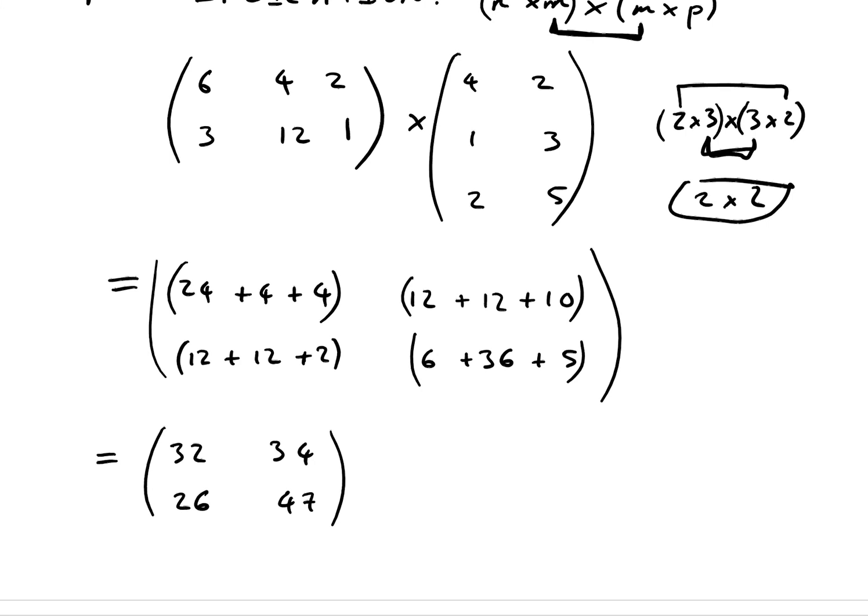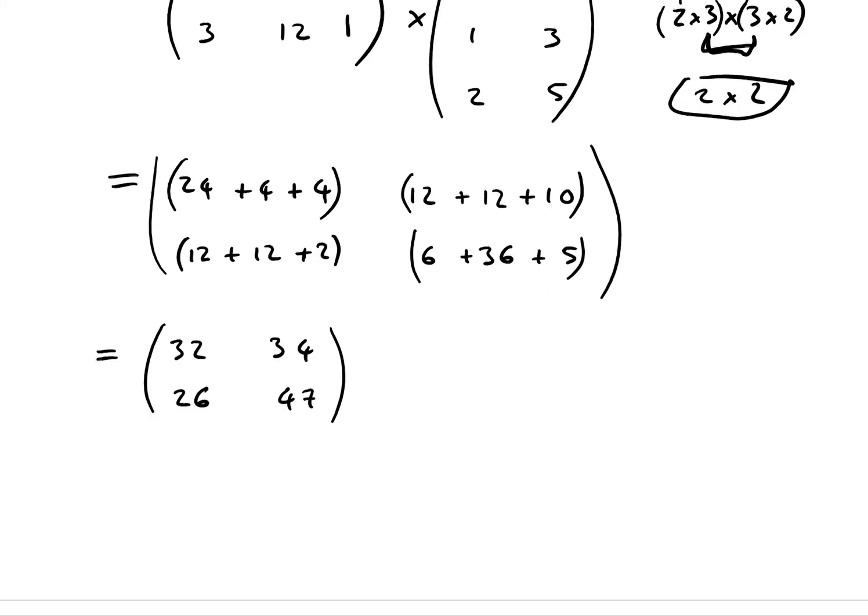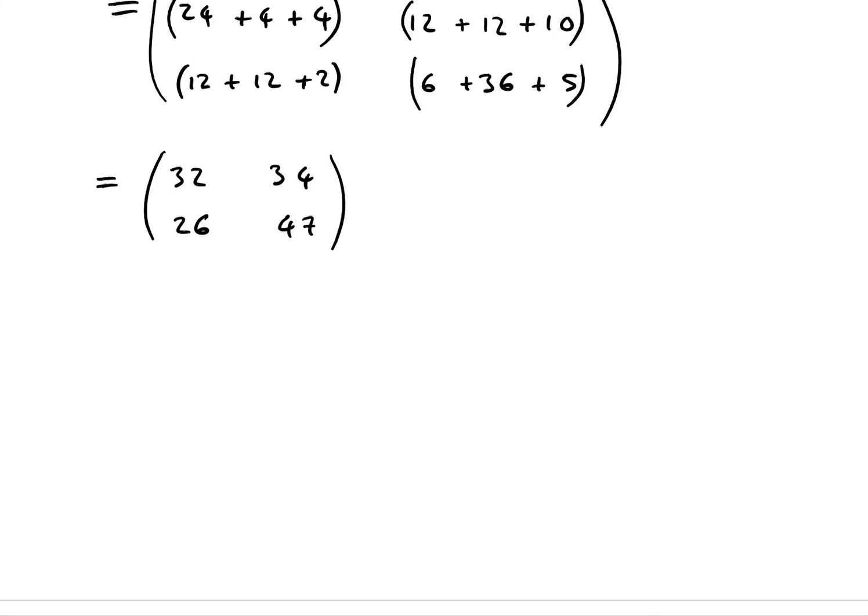Now, here's a really important point. If we did 3 times 2 in normal multiplication, this is slightly different. The number 3 multiplied by the number 2, not dealing with dimensions here, that's obviously 6. Well, that's the same as doing 2 times 3.